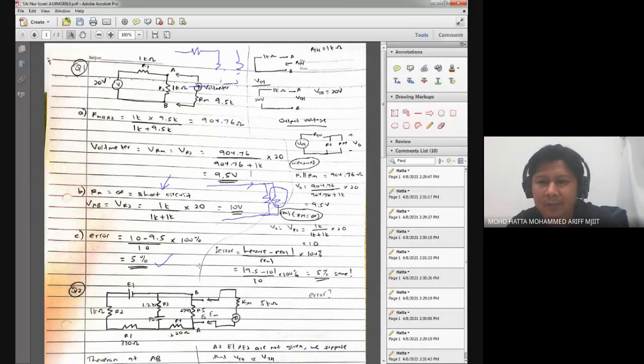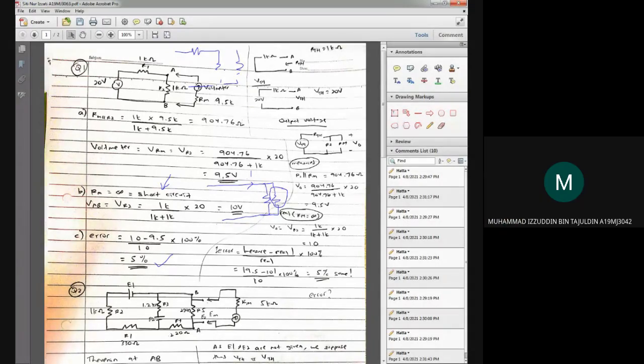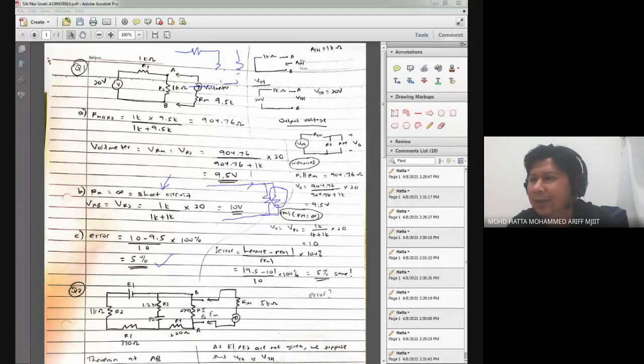Yes, correct. Who asked that question? Yuzidin. Yes, Yuzidin, correct. The concept should be like that, because we consider the RM resistor value over here. The concept over here, we consider RM is very high.